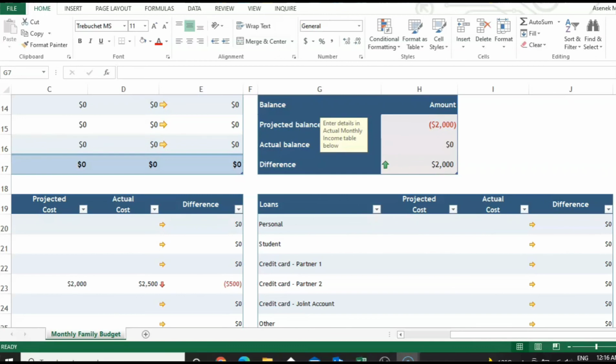Finally, compare with other months to see how you are spending. If you see a vast disparity, readjust your figures to make it more realistic. I know this is a difficult process, but once you've done this, it's a one-time thing that you can follow every month, and you would definitely enjoy the benefits.